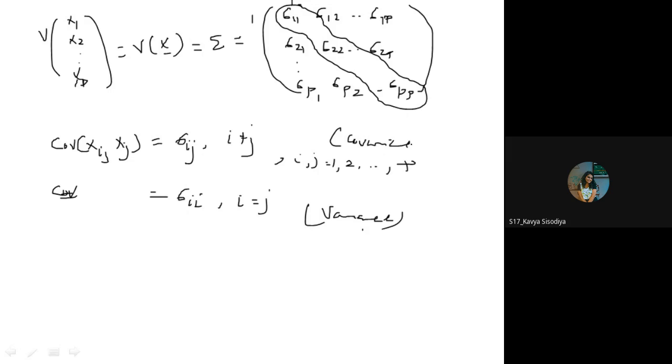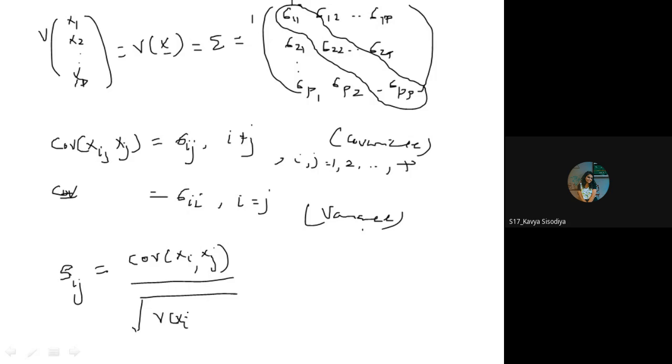So this we know. Of course, what is the formula for the correlation? Suppose the correlation between the ith variable and the jth variable we denote as rho ij. It is nothing but the covariance between xi and xj divided by the square root of the variance of xi into the variance of xj.